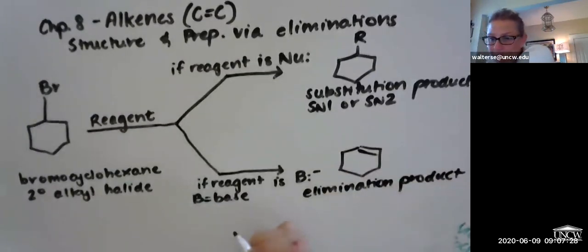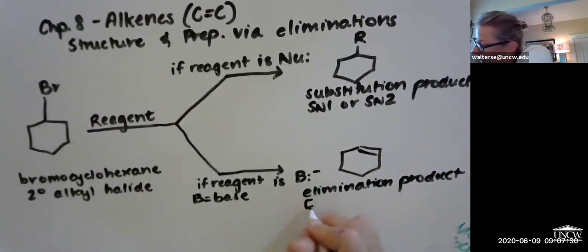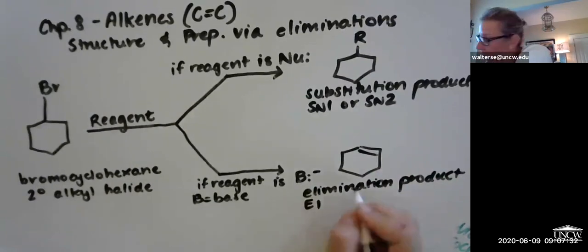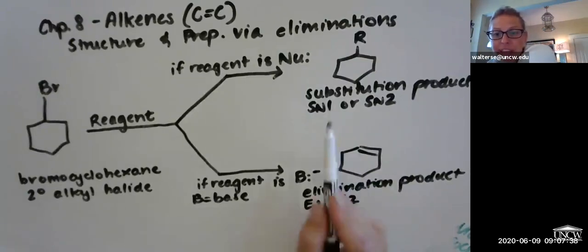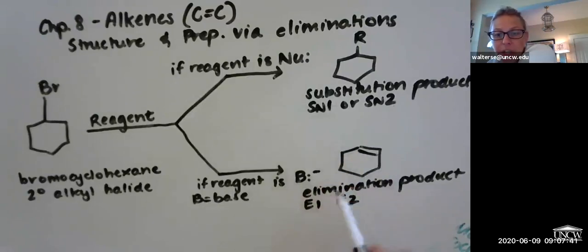That can be formed by one or two different mechanisms called elimination E1 and elimination E2. Now this 1 and this 2 mean the same thing as this 1 and this 2. So E1, that's a 2-step elimination. E2 is a 1-step elimination.